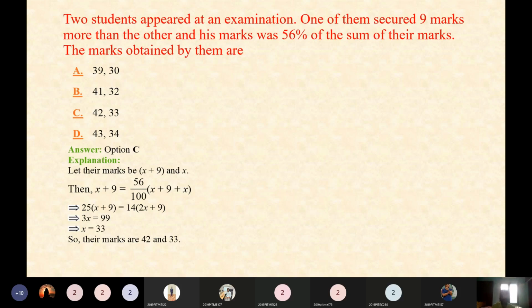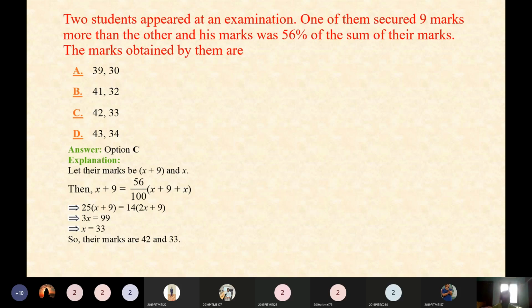Now let us take X and X plus 9 as the marks scored by the two candidates. So X plus 9 is equal to 56 divided by 100 into X plus X plus 9. Now simplify this value. 56 divided by 100, divide both numbers by 4, you get 14 by 25.